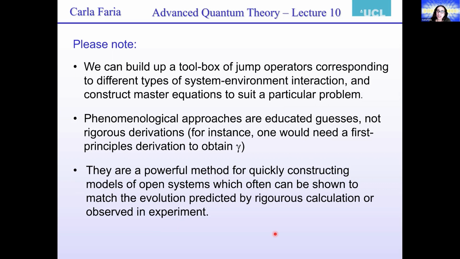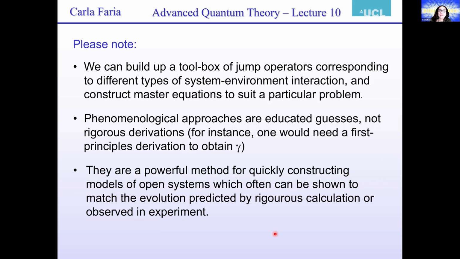And if you're clever and you know how to construct these things, they are going to match the evolution that is predicted either in the rigorous calculations or in the experiments. And this is a big plus.